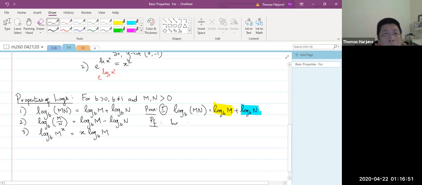Let P equal log base b of m, and Q be log base b of n. Then what will m and n be?